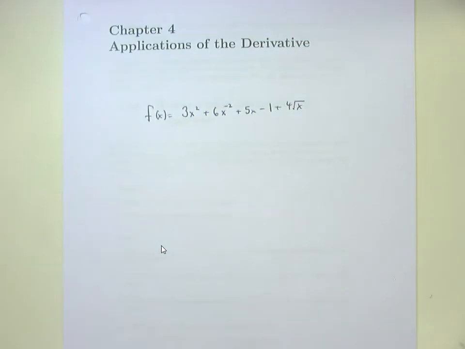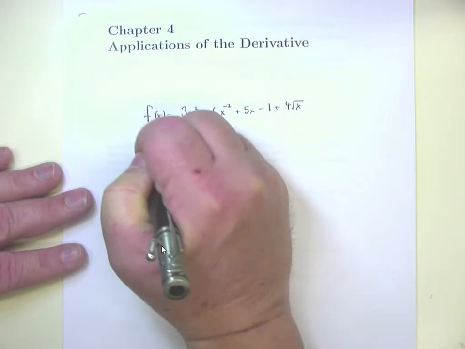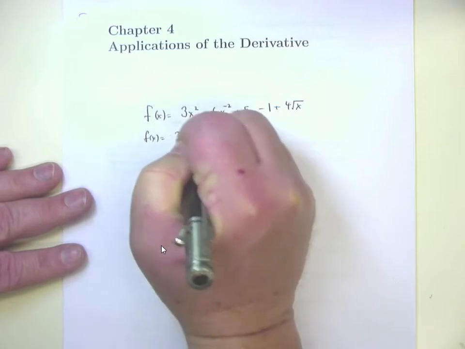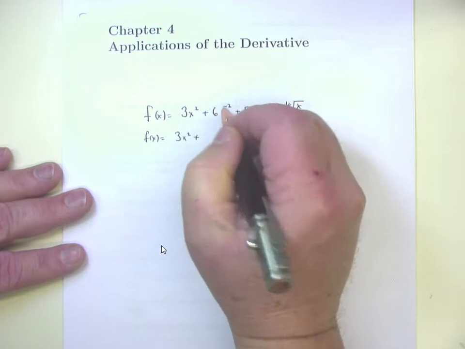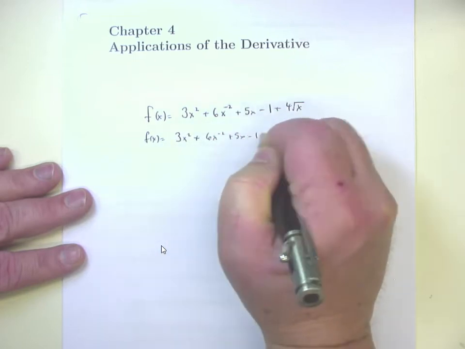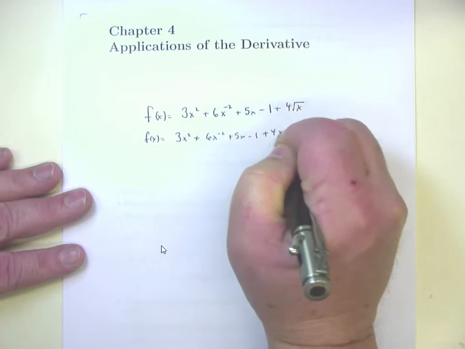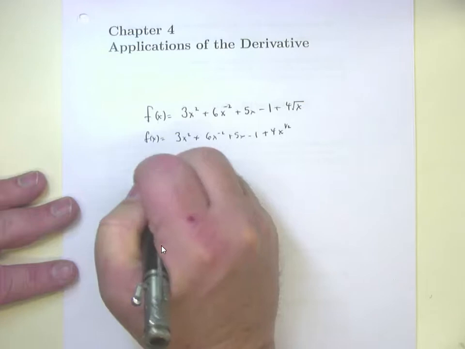Higher order derivatives. So, first thing you want to do is clean it up, of course. So f of x, cleaning this thing up, is 3x squared plus, this could have been written 6 over x squared, same thing as 6x to the negative 2, plus 5x minus 1, plus 4, I don't do square roots, that'll be x to the 1/2 power. So we all know how to take the first derivative.